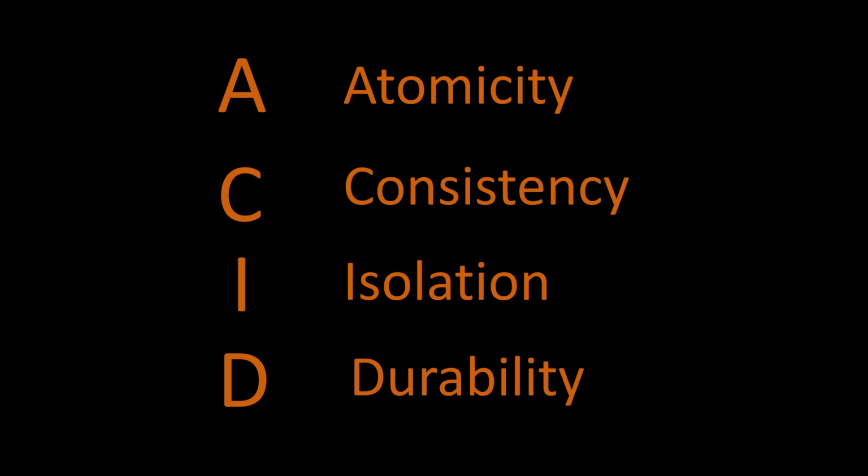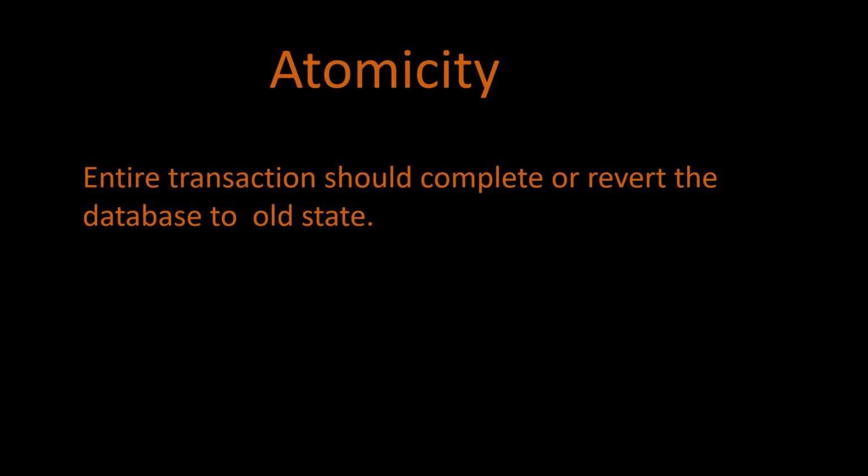First property is atomicity. Let's start with that. Atomicity means that the entire transaction should complete in totality, or we have to revert the whole transaction. For example, if we are performing a transaction and that transaction has multiple states in transition, if any of the states or transition states has any issue, then we have to revert the whole transaction.